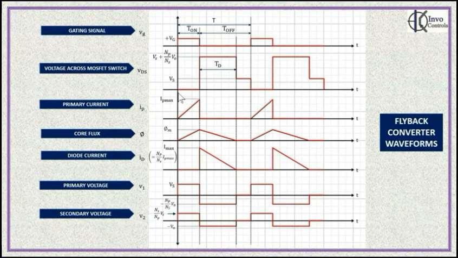If you look at the voltage across the MOSFET switch at the instant t equal to T on, you will observe that the voltage has jumped from 0 to a high value. This high value is, as you can see, Vs plus Np by Ns into Vo. We calculate this voltage by applying KVL in the circuit, which we shall discuss in a short while. So this is about the waveforms for the different points in the circuit.